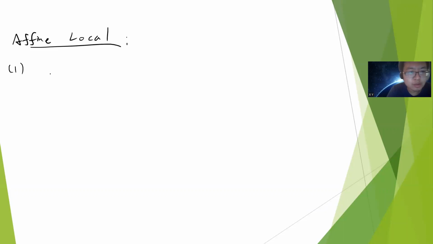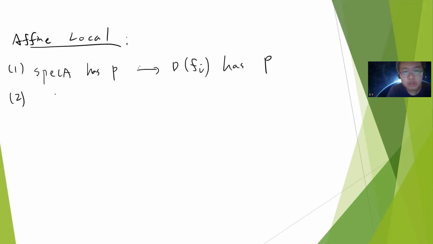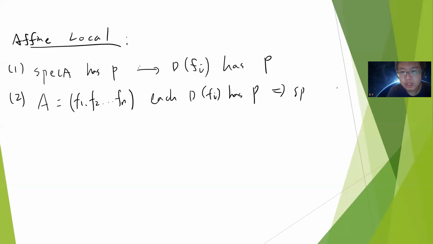The first property is that if Spec A has property P, then the distinguished open set D(f_i) has property P. The second one is that if A is generated by f1, f2, up to fn, and each D(fi) has property P, then Spec A has property P. So this is the idea called affine local.